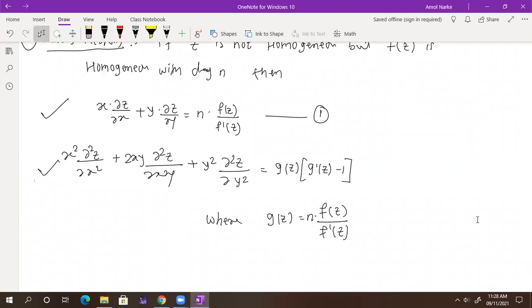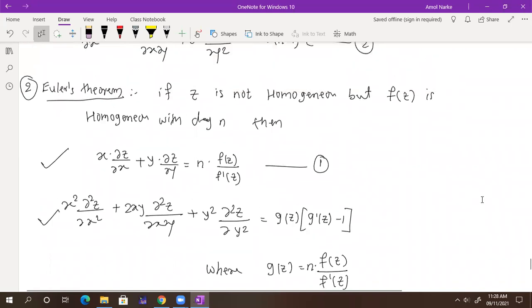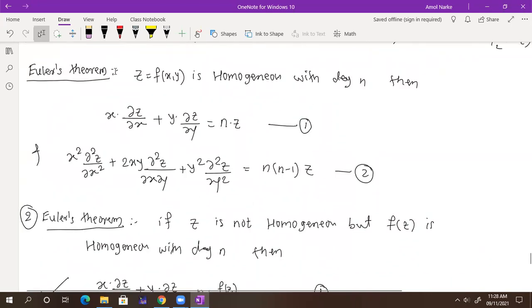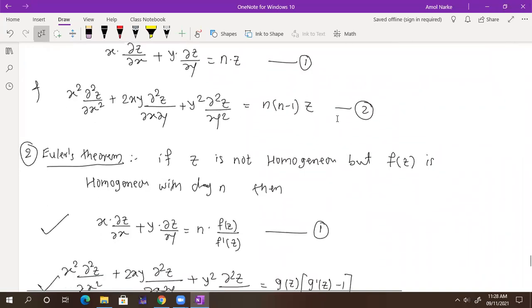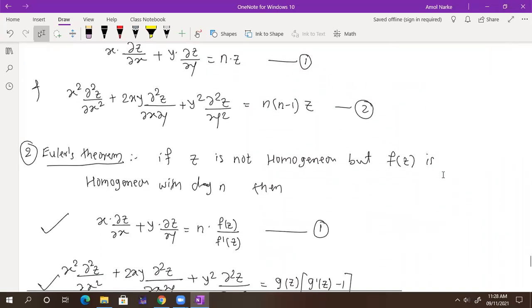While solving, again I am going to tell you, when the original function is homogeneous, then for the first order operator we have n into z, and for the second order operator n into n minus 1 into z. Here n is the degree. But if our z is not homogeneous, we convert that z into another function f of z, and that function becomes homogeneous with degree n.